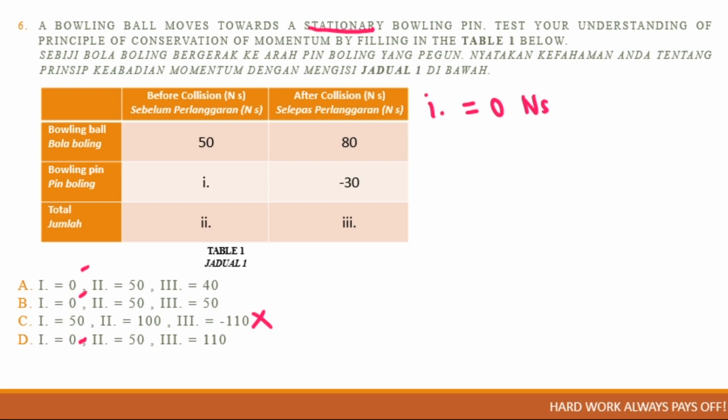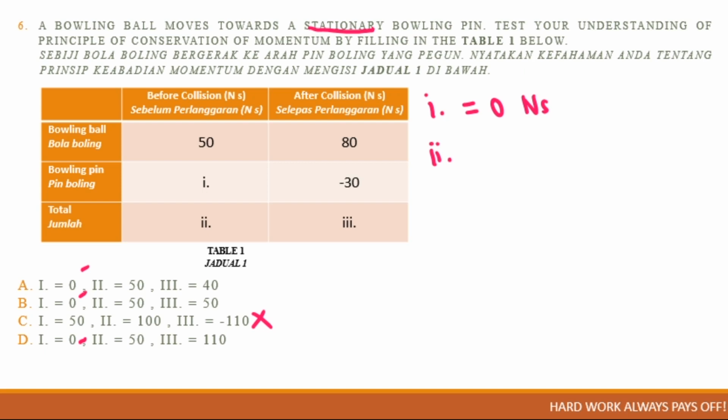Now let's move on to the second one. Number 2, this is the total. Using the principle of conservation of linear momentum, we know that the total momentum before collision is equal to the total momentum after collision. So for before collision, we only need to total all the momentum that we have.